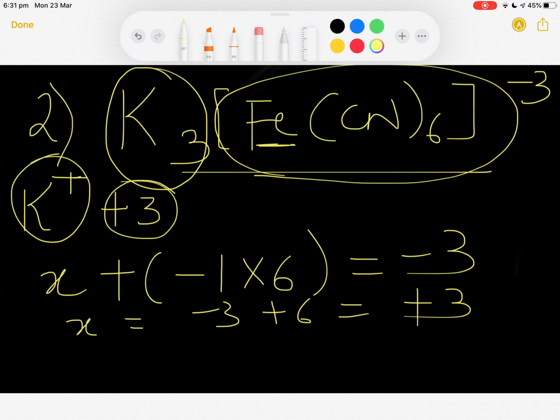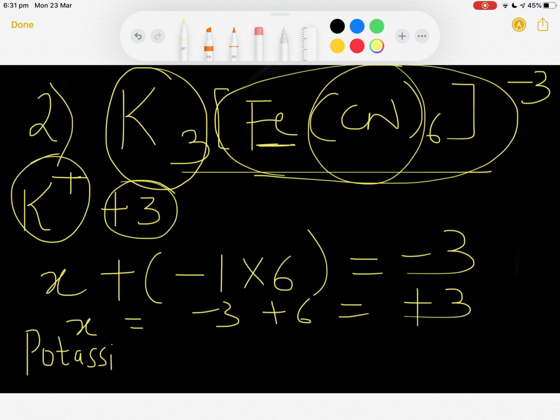And next thing is how to write the nomenclature. So I have to figure out the ligand. So what is the ligand here? Cyano. But if you remember, while writing the nomenclature, the rule is to first of all write the cation present here. So as I mentioned, the cation is potassium. So I'm going to begin writing down here potassium.